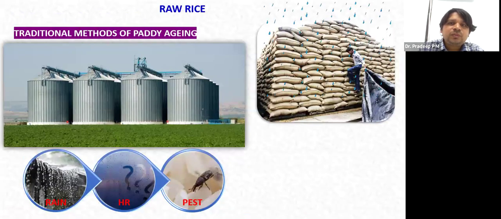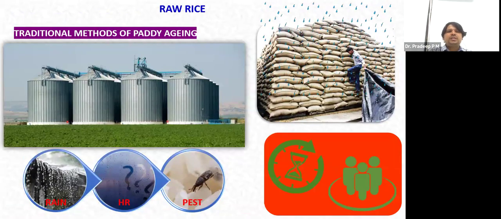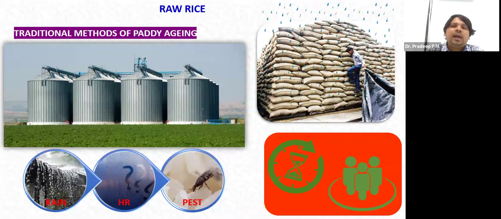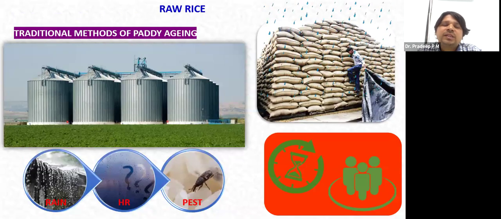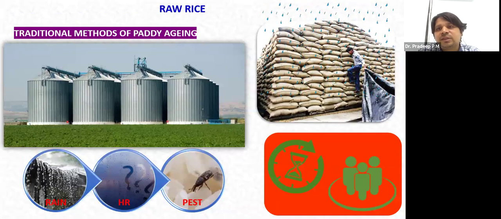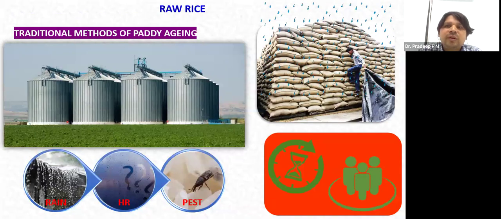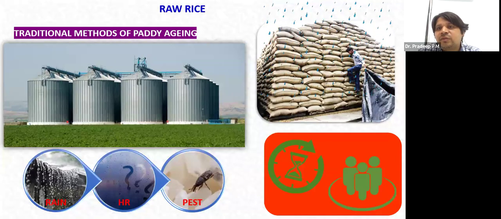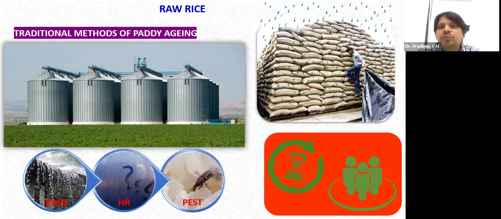So here you can see by traditional methods, we are storing the paddy and then we are going to mill it to produce the raw rice. But the challenges in this, especially, there are unprecedented circumstances where suddenly we may get the rain or the climate will hit when we expose this paddy to the adverse environmental conditions.